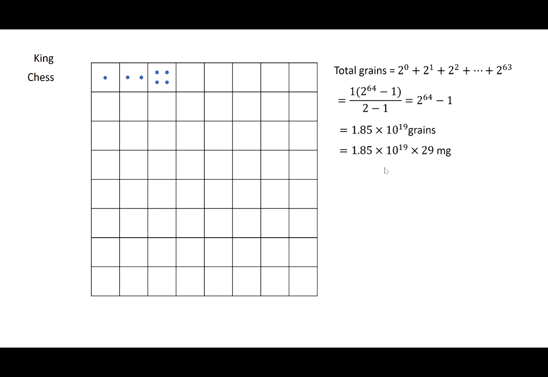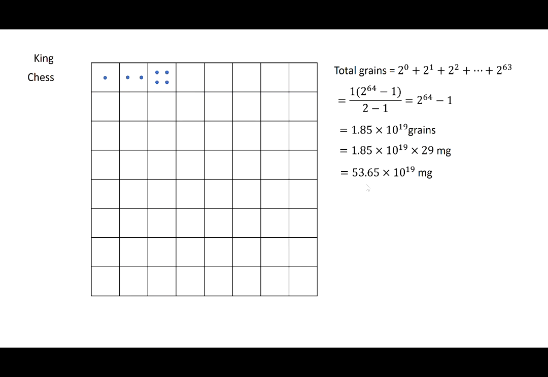Let's do a bit more calculation. Apparently, a grain of rice is around 29 milligrams. What's a milligram, man? I know. I'll eventually convert it to pounds for you to be able to relate to it. So 29 milligrams, but that is nothing but 1.85 times 29 is 53.65, this many milligrams.